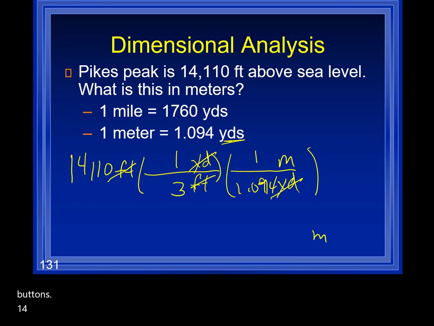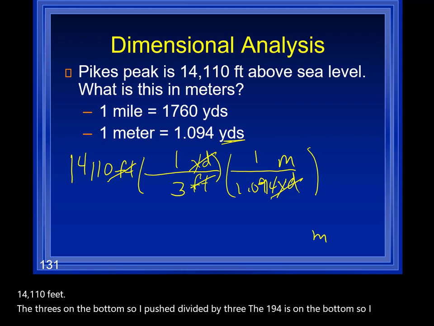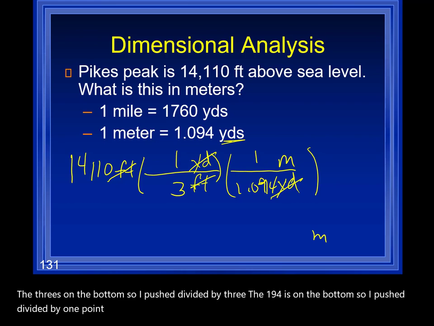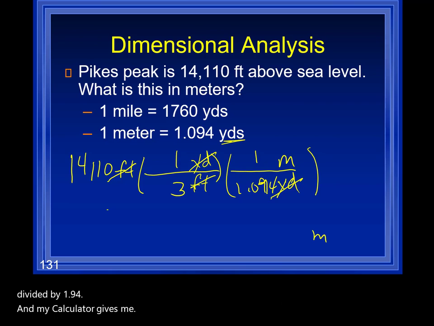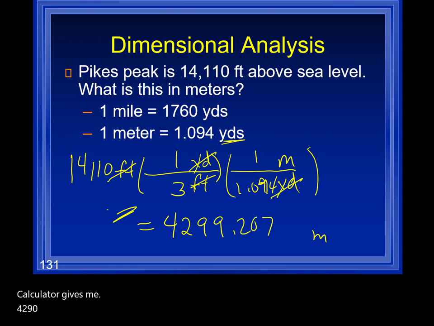14,110 feet. The 3's on the bottom, so I push divided by 3. The 1.094 is on the bottom, so I push divided by 1.094. And my calculator gives me 4,299.2078 meters.